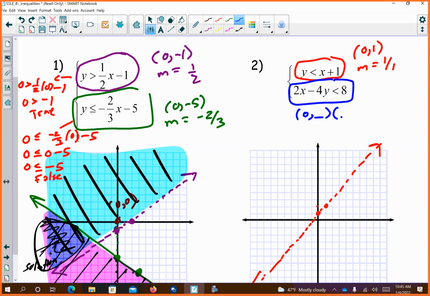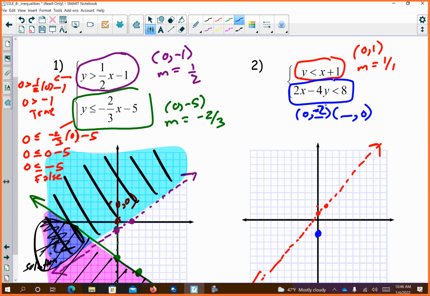0, blank, blank, 0. So it's not set up as y equals mx plus b. It's in standard form. Okay. So this is an x value right here. So I'm going to say -4 times what number gives me positive 8? -2. Good. So 0, -2 is down here. All right.